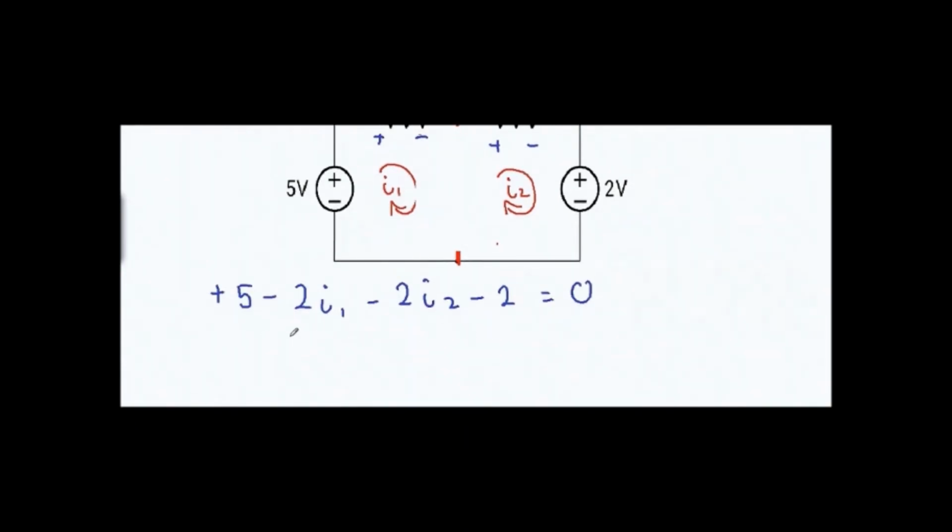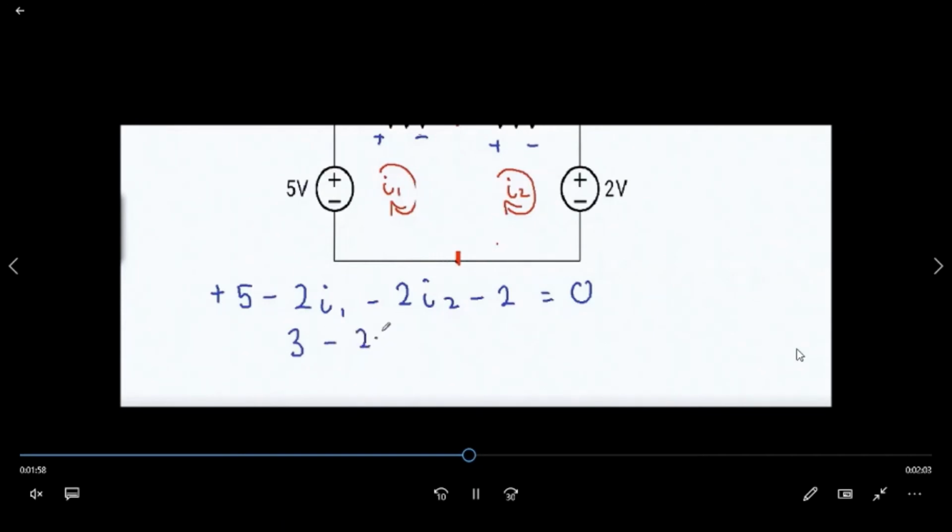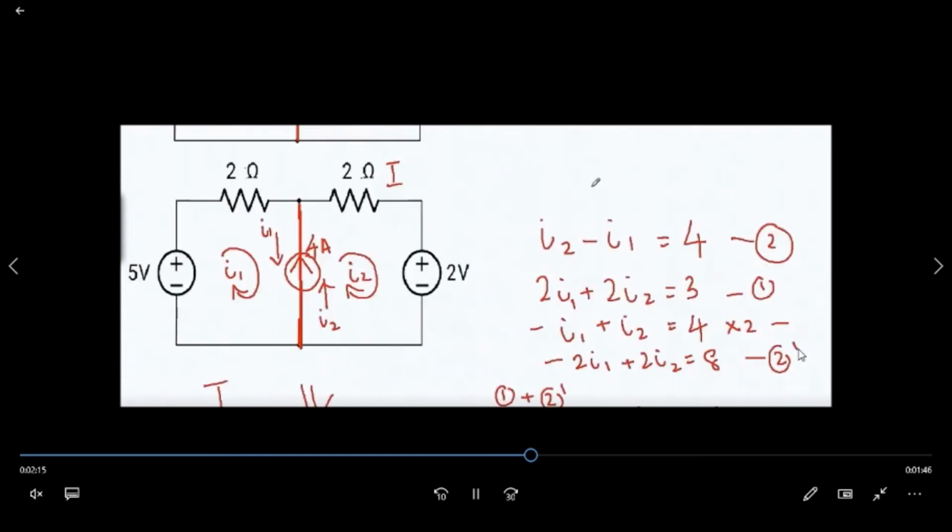Then rearrange the equation and you will get this equation, and then as usual you can solve the values of I1 and I2 from the equation. Next, you get the first equation. How are you going to get the second equation?